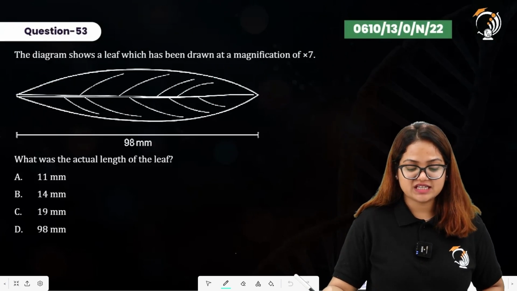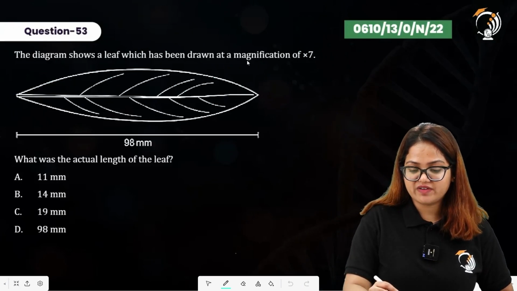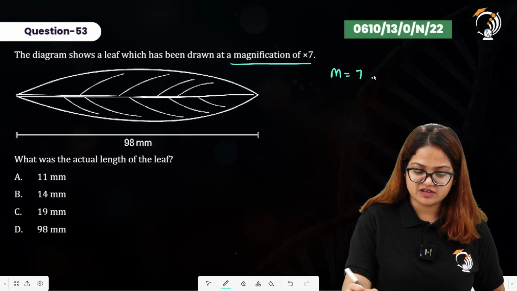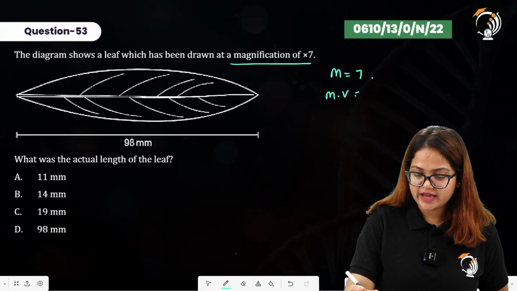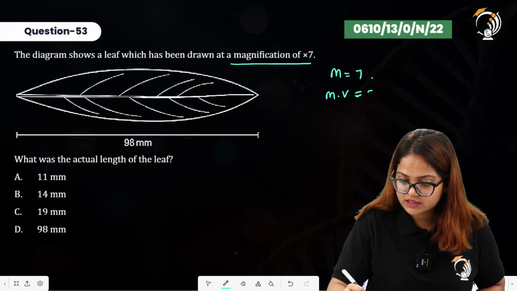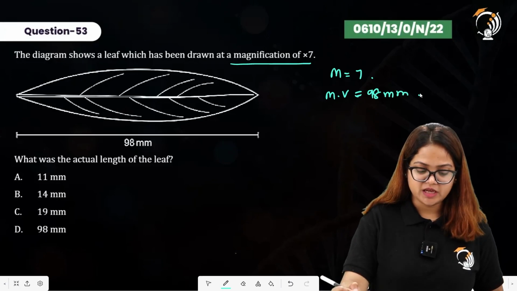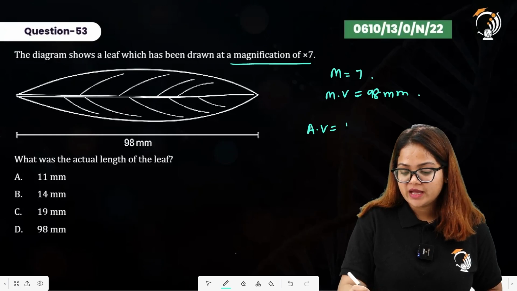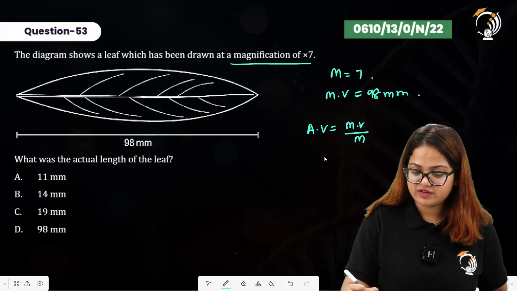Question number 53 says the diagram shows a leaf which has been magnified at a magnification of 7 times. So we have the magnification as 7 times, the magnified value as 98 millimeter. What was the actual length? So actual value equals magnified value divided by magnification.